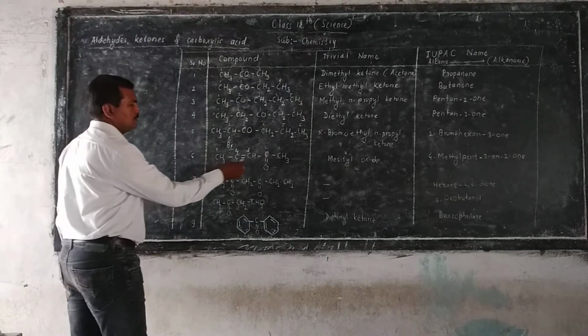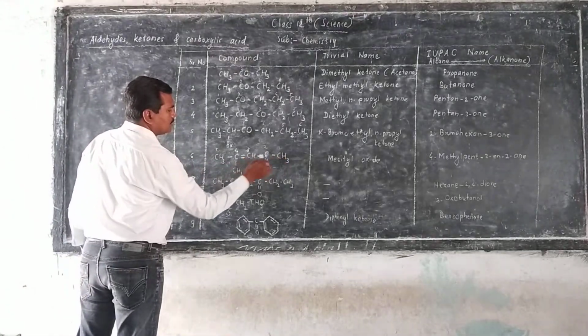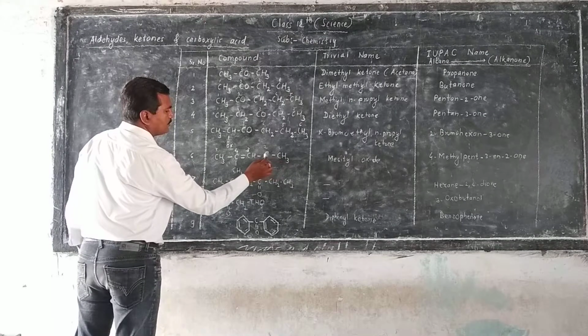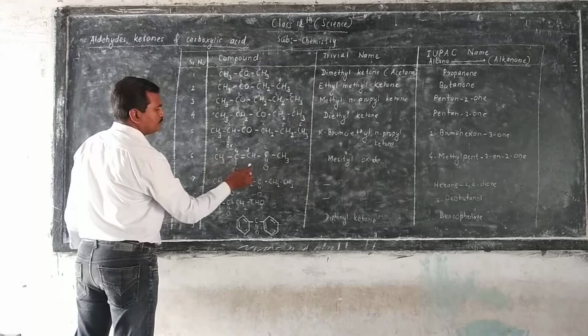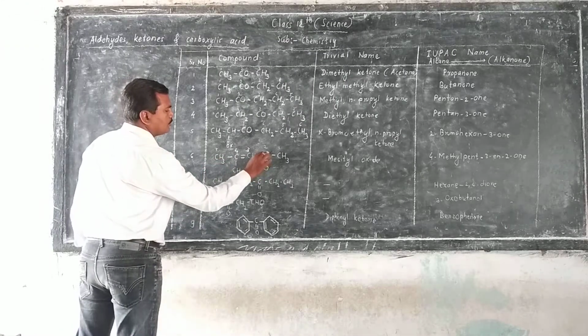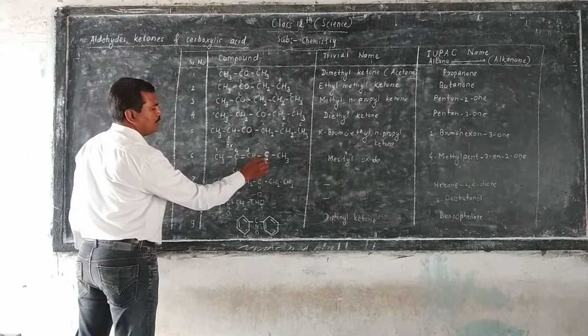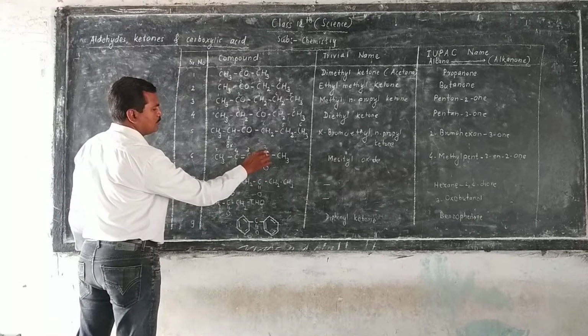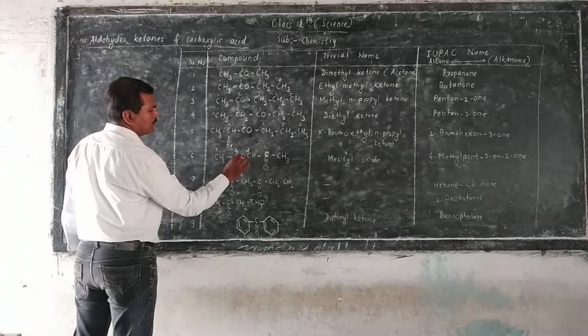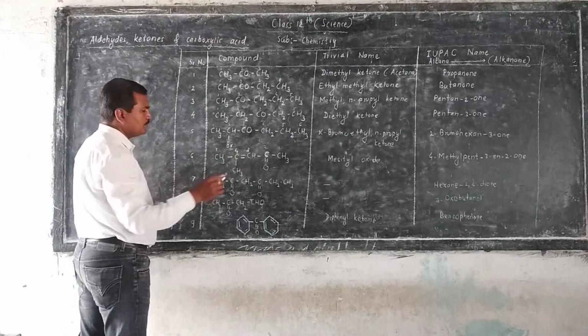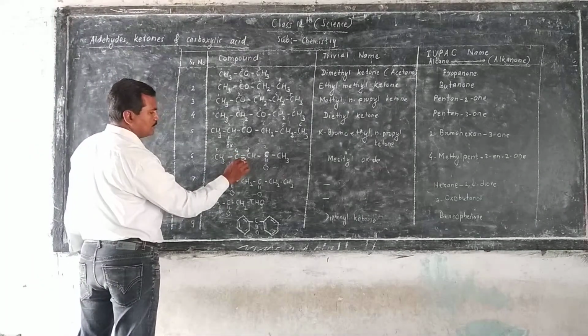Again see this structure. Here 5 carbons are present: 1, 2, 3, 4, 5. The functional group is present at the second carbon atom, so the carbonyl carbon is at number 2. After the third carbon atom there is a double bond, so en.